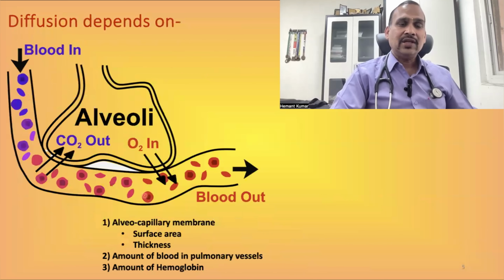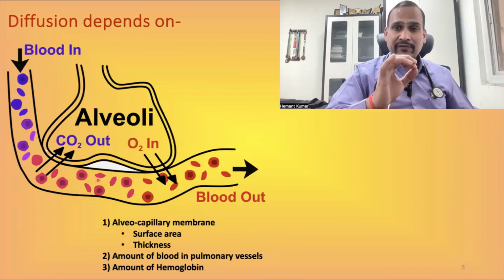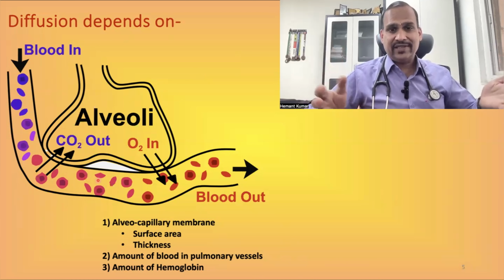Okay. So diffusion of oxygen from alveoli to blood depends on many things. The main one is the alveolo-capillary membrane. So this is the alveoli, this is the capillary. If we want to diffuse more oxygen, we need a large surface area.